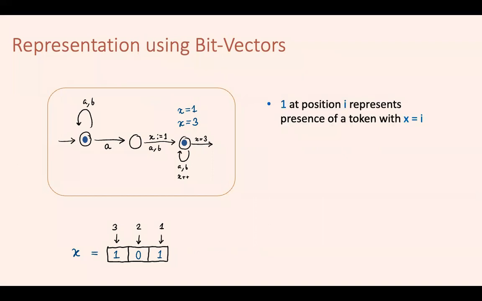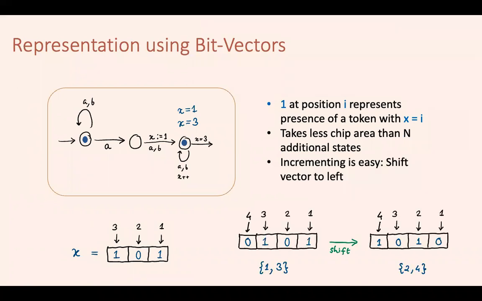Here, for example, I have two possibilities, 1 and 3, and I will represent them with a bit vector like this, where this bit is turned on and this bit is turned on, saying that there are tokens with those values. And this is still a better idea than representing n states on the chip. This bit vector can probably be embedded in the chip in a much more succinct way.